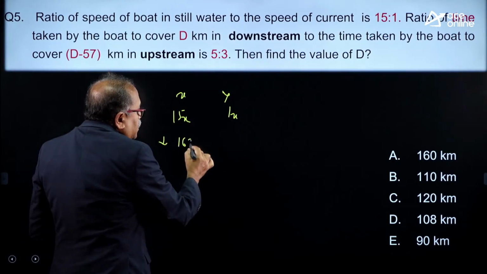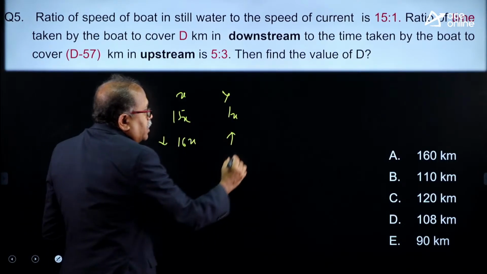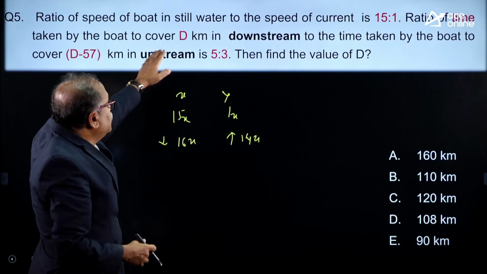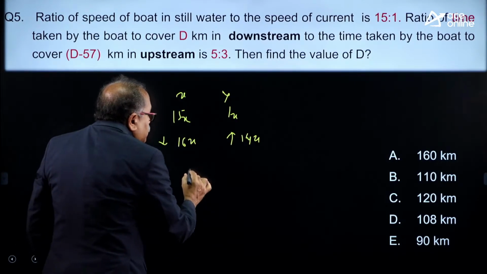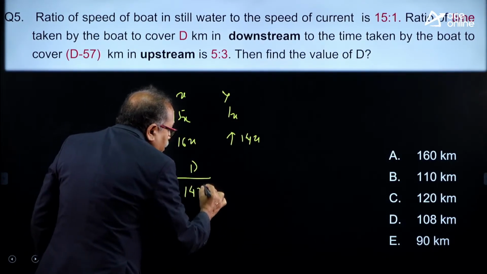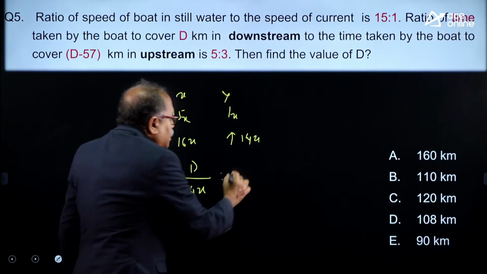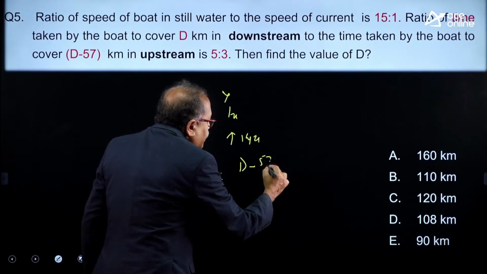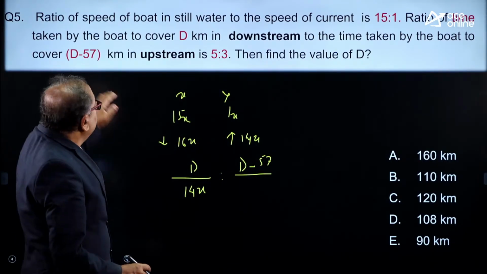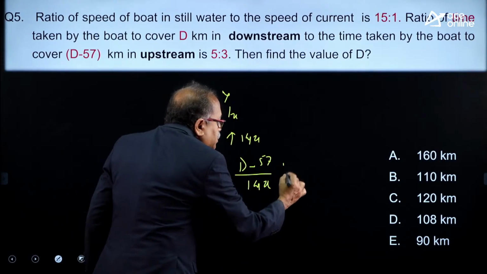Downstream speed is 16x, and upstream speed is 15 minus 1, that is 14x. He travels d kilometer downstream. That means d by downstream speed, this is the time, distance by speed, and d minus 57 by upstream speed 14x.